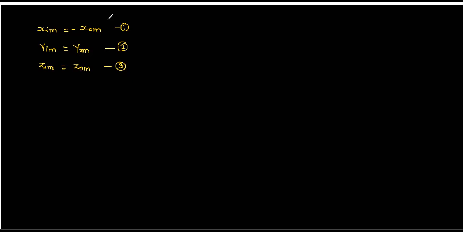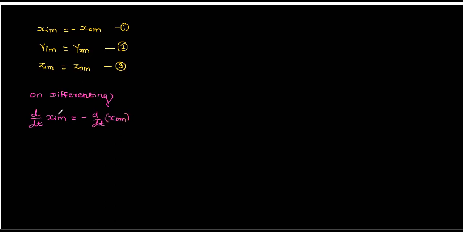Now let's differentiate this and see what we are getting. On differentiating, what we are getting, d/dt of XIM is equal to minus d/dt of XOM.